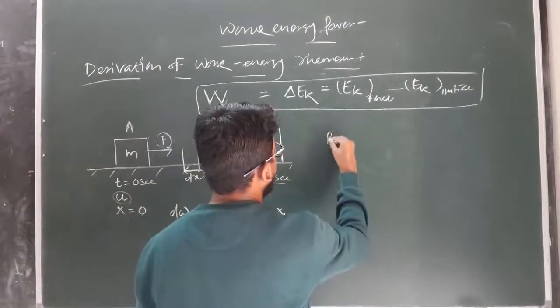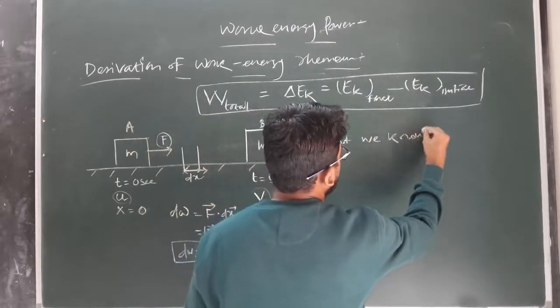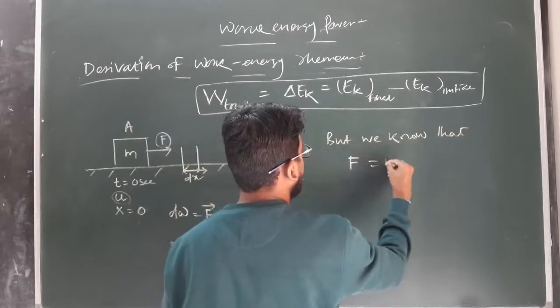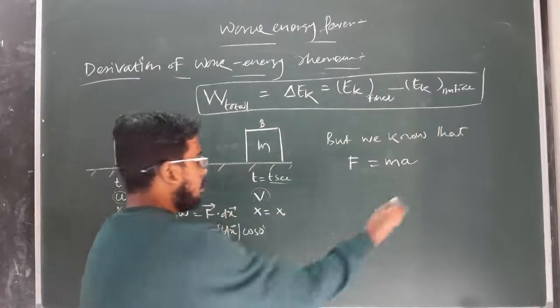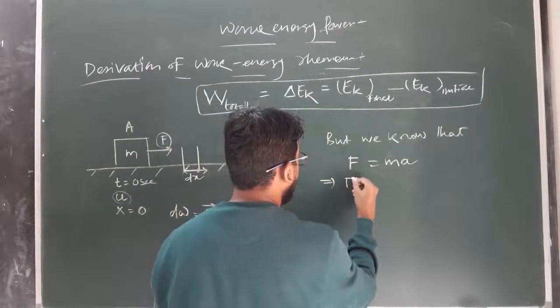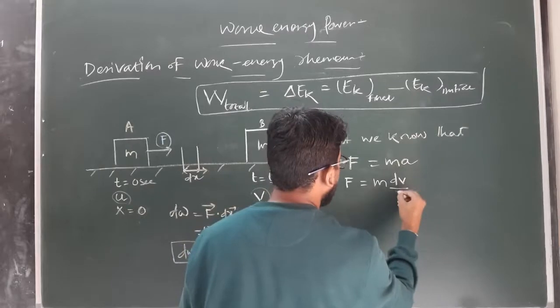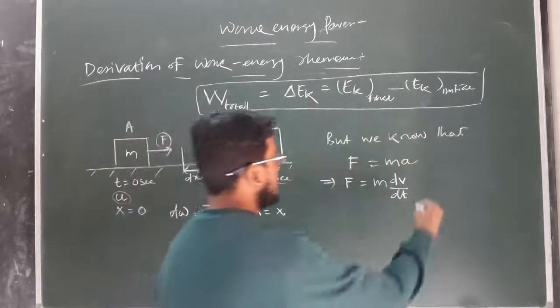Okay, but we know what F is. F can be written as mass of the block into acceleration, and acceleration can be written as dv divided by dt, the rate of change of velocity.